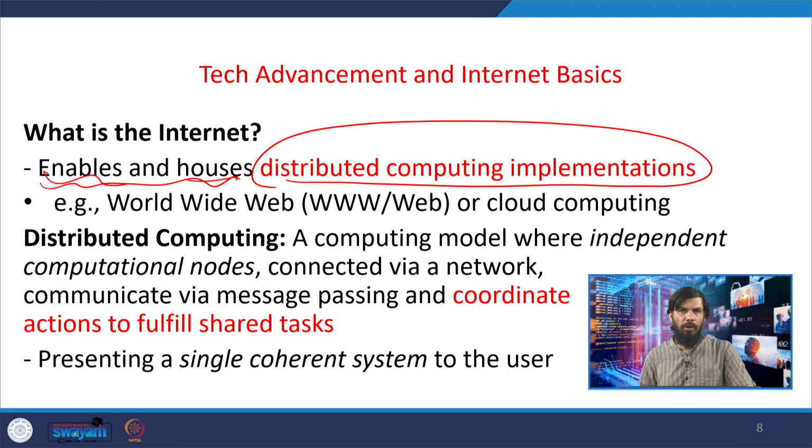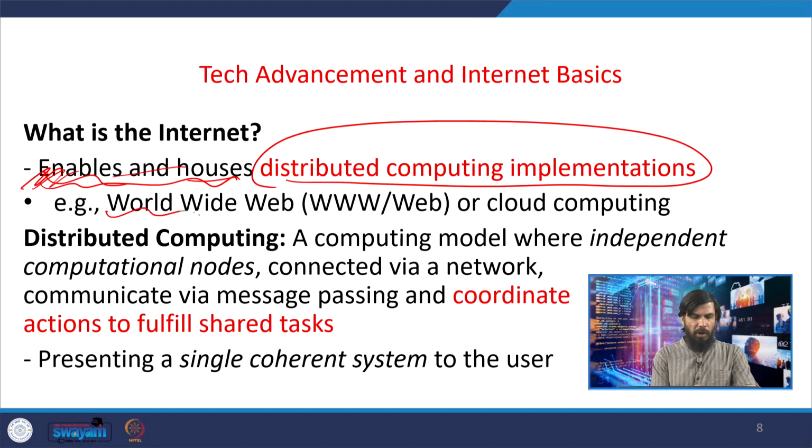Lots of distributed computing implementations have happened, and for all organizations, if they are running websites, they are doing a distributed computing implementation on top of the internet. So, it is the internet that is acting as a platform, supporting and housing the distributed computing implementation.